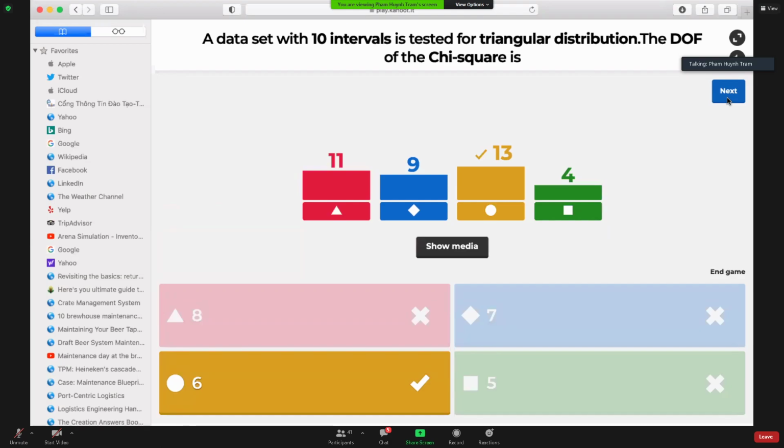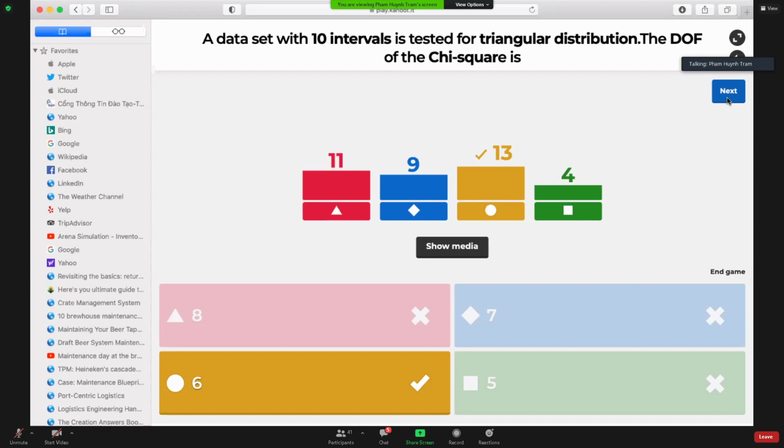Right, let's recall the chi-square test. When we need to look for the critical chi value, and when we look at the chi-square distribution table, we need to know the alpha value and the degree of freedom to check for the critical value. The degree of freedom in the chi-square test is equal to k minus s minus 1.